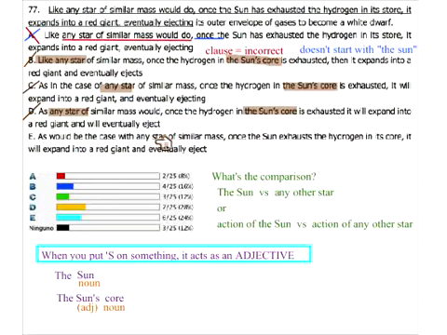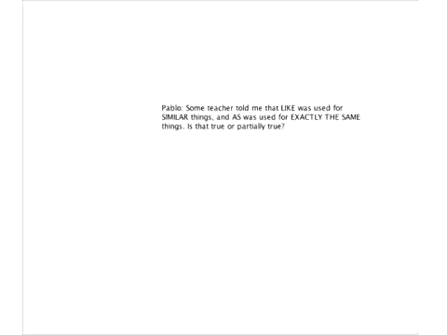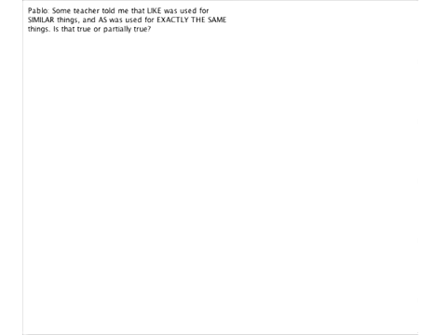Here's the question that I'm answering right now. This is not true. Exactly the same thing would be sort of pointless, because what would be the point of making a comparison? This doesn't really make sense.